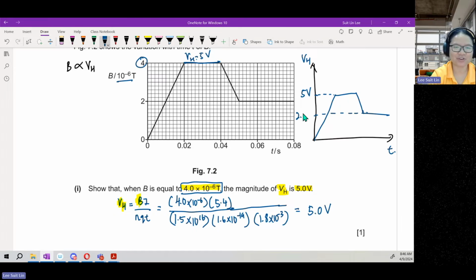Half the Hall voltage. Very good. Okay, I can draw already. I just need to copy the graph. Of course, I have to make sure the time is correct. So 0.02, 0.04, 0.05. Okay, I can do it.